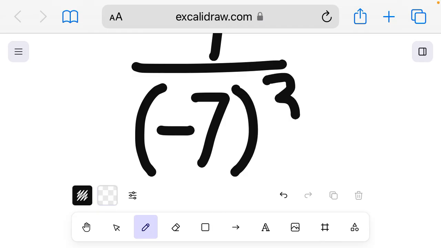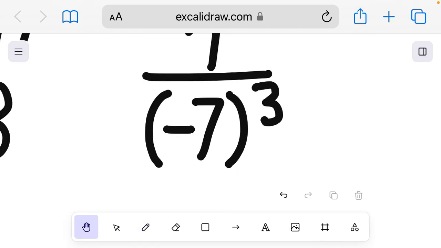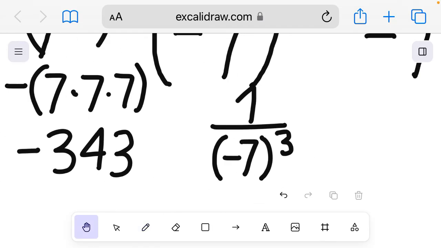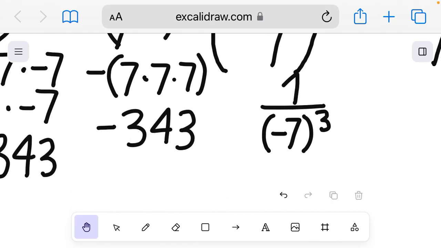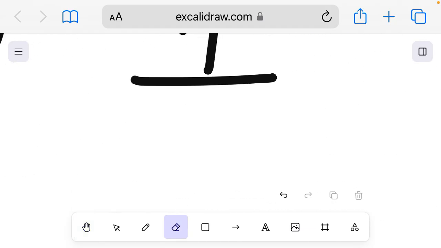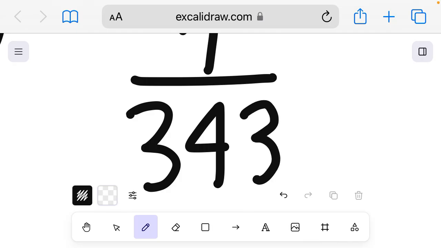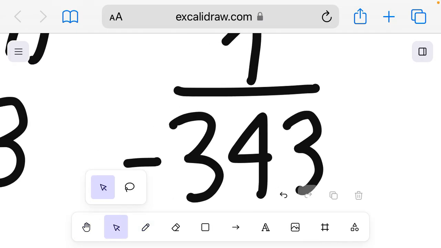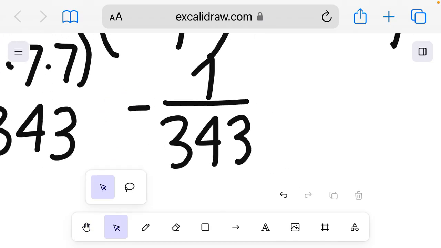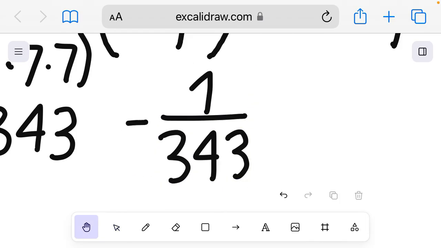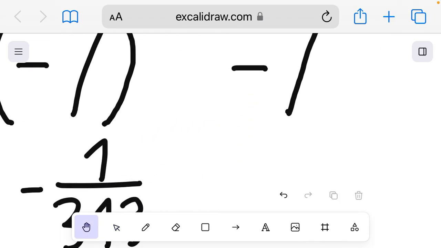And then, what is negative 7 cubed? You've seen it. It's negative 343. Make sure to write that negative sign. So the answer is negative 1 over 343.